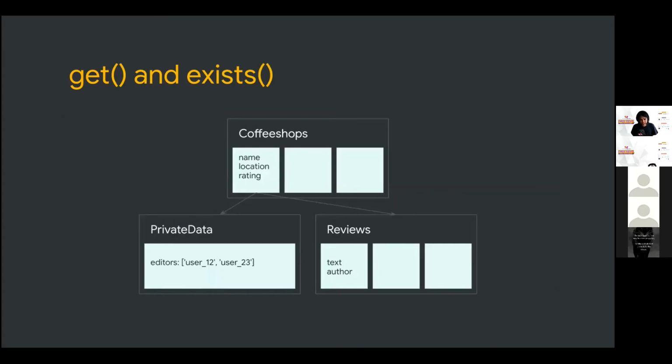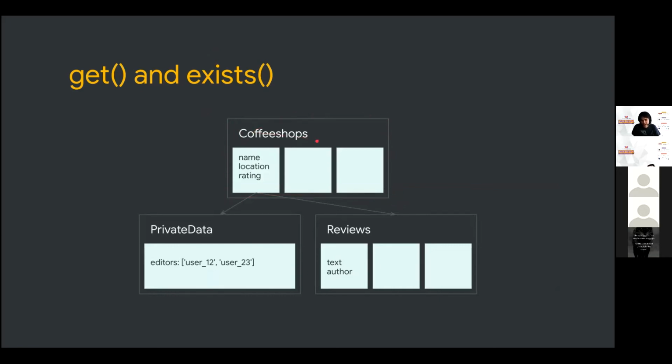And finally, another thing we can use in security rules is to check any other arbitrary document anywhere in the database. This is useful for doing access control or other validations. For example, we talked about this earlier already.